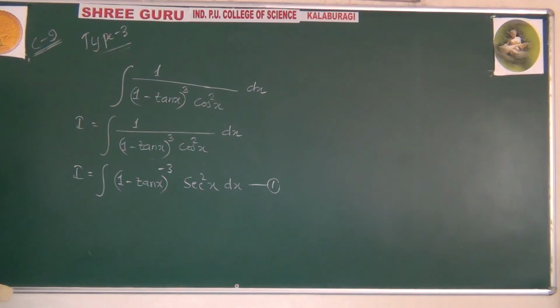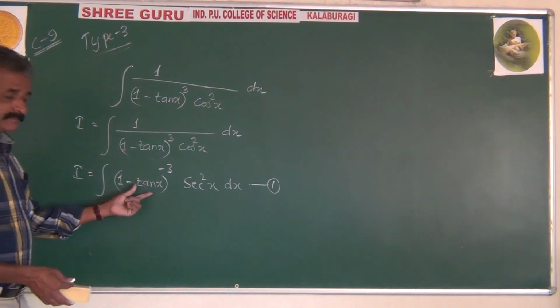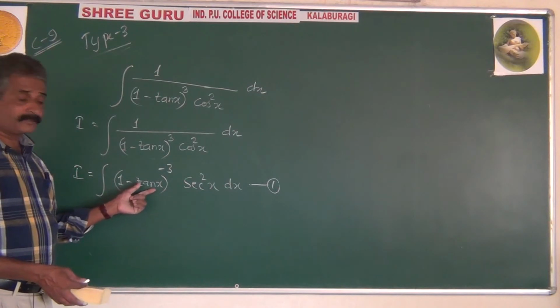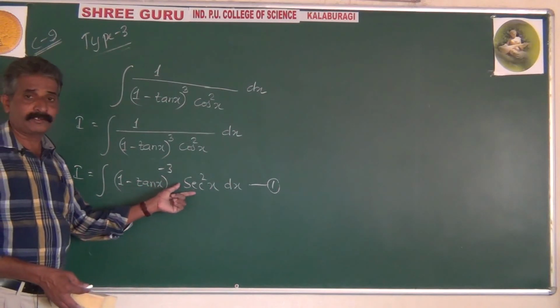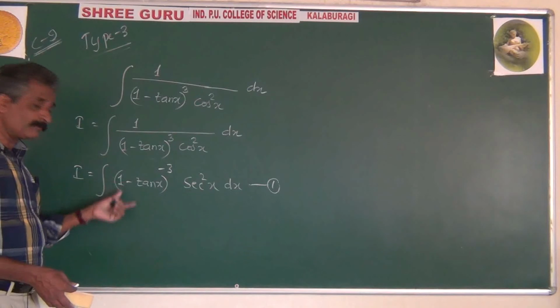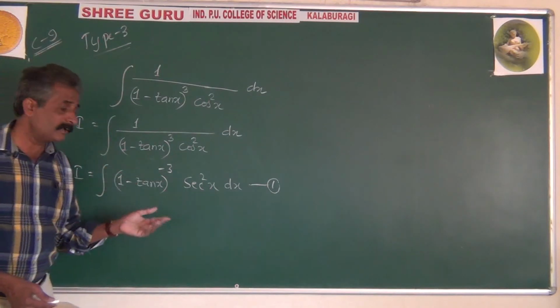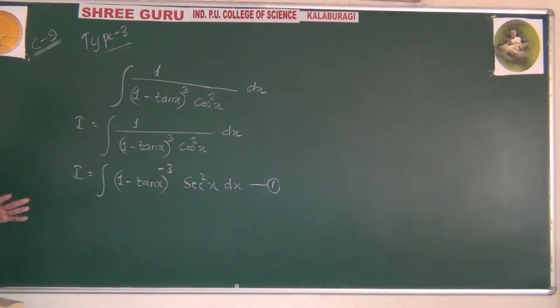Choice is yours. You can put only for tan x because differentiation of tan x is secant square x. And even if you take including 1 also, because after all differentiation of 1 is 0. So whenever there is a presence of constant plus or minus, you take substitution, better including the constant also.